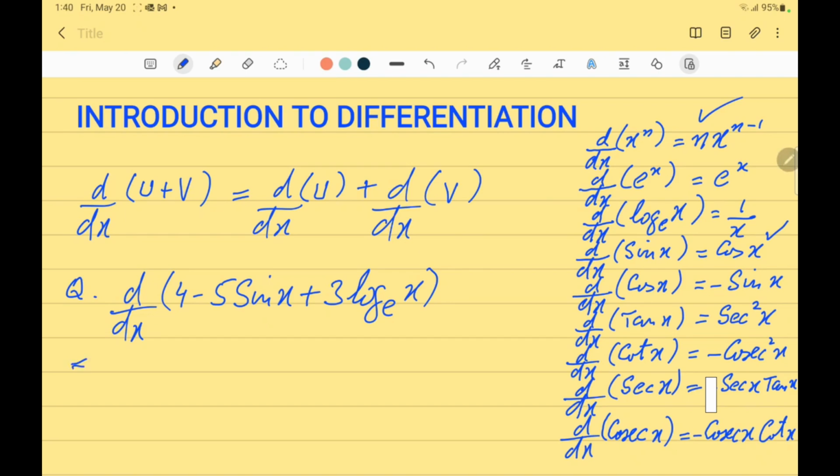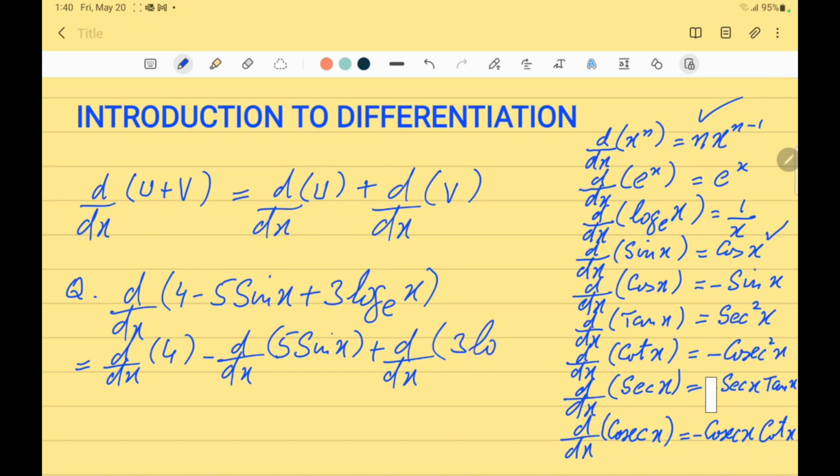We will apply the same rule. We will write it like d by dx of 4 minus d by dx of 5 sin x plus d by dx of 3 log x. 4 is a constant and differential of any constant is equal to 0. Minus, if any constant is multiplying a variable, that constant can be taken out.